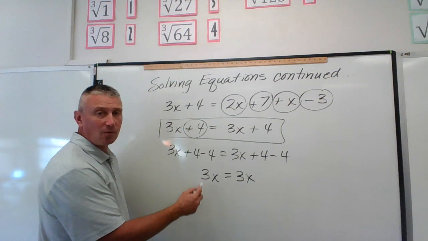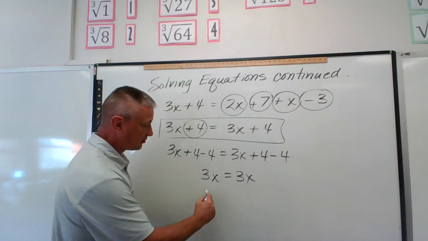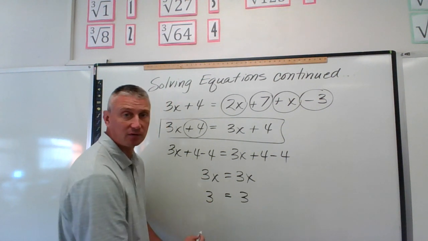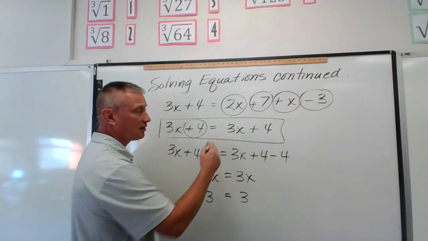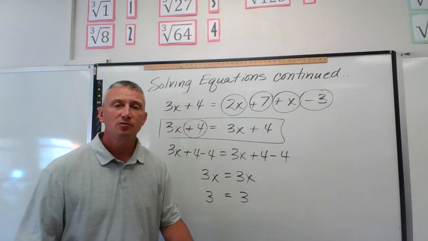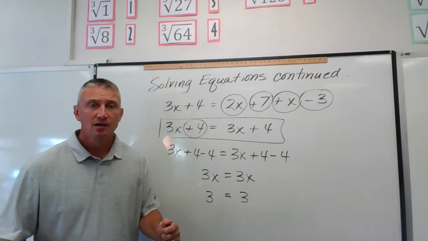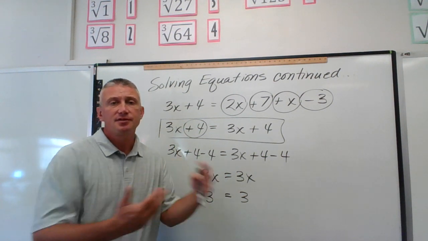If I select a 1 for x, 3 times 1 is 3, and 3 times 1 is 3. So 3 equals 3. If you go back up here, you're going to notice that it says 3x plus 4 equals 3x plus 4. 3x plus 4 is the exact same thing as 3x plus 4, right? So you're always going to get the same thing.